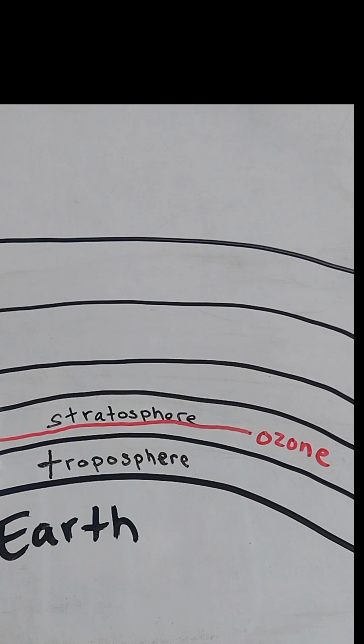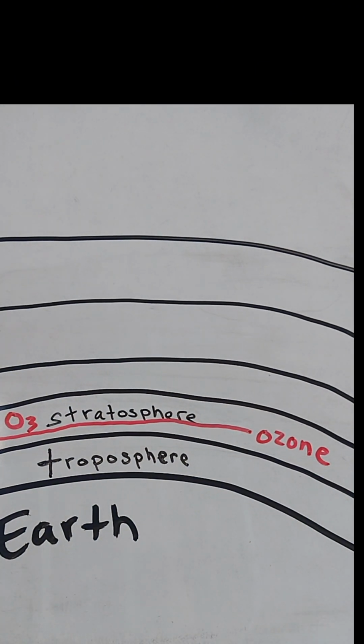And then the temperature gradient reverses, and instead of getting colder and colder, it's going to start to get warmer and warmer. Starting at the ozone layer, the total amount of air still decreases with altitude, but there's an increase in one type of gas, and that is ozone, which is actually O3, 3 oxygen molecules bonded together. And the ozone is what protects us from the UV rays by absorbing them.